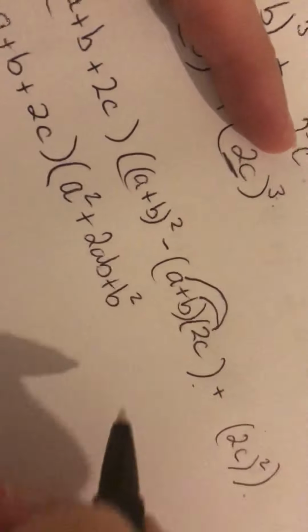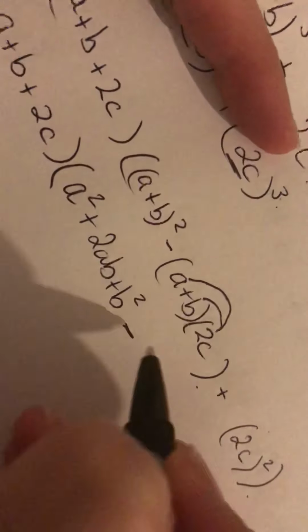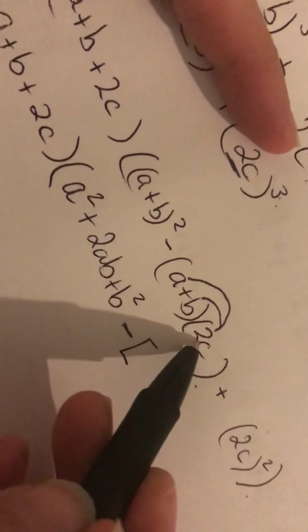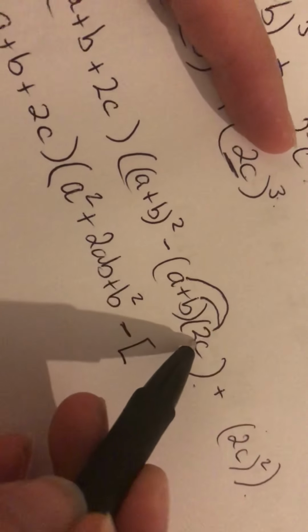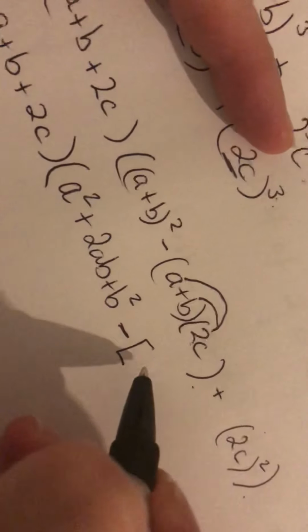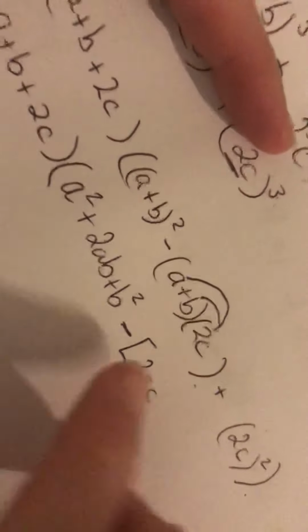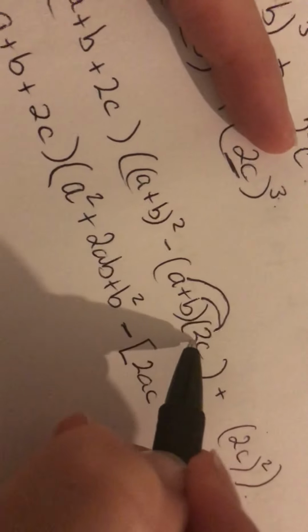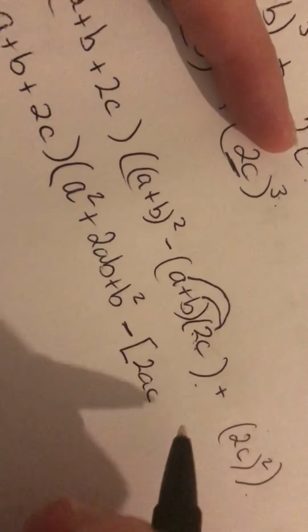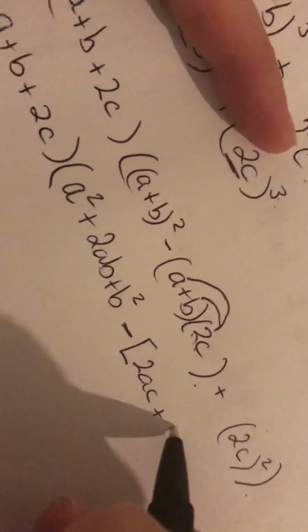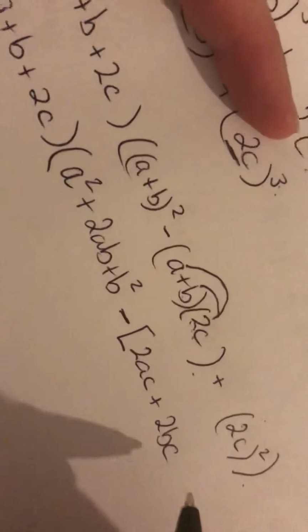And then that cleans up to a squared plus 2ab plus b squared minus, I have 2c by a, I'm just going to say that's 2ac in alphabetical order, and I have 2c by b, which is 2bc in alphabetical order.